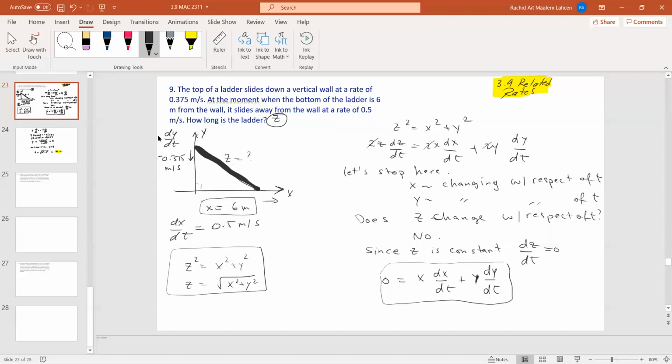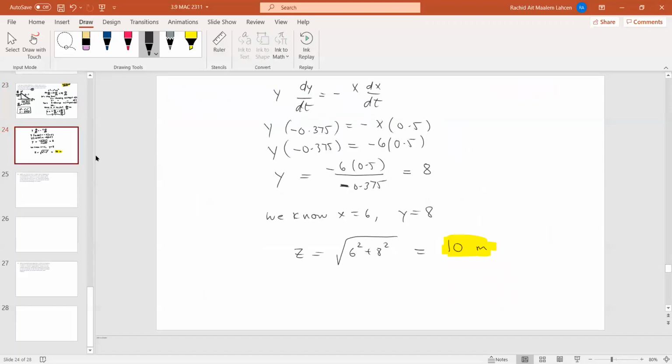So it's 0. So the left side is 0, so we get x dx/dt plus y dy/dt. This is given, and we need the x and y. X is given, so it allows us to get the y. And once we get the y, y has to come up positive.